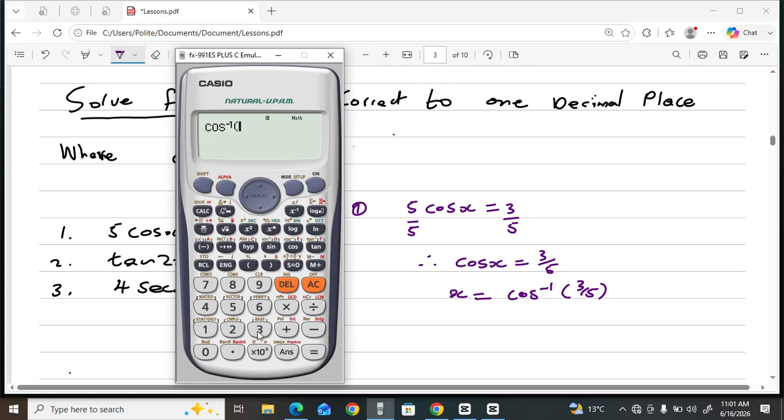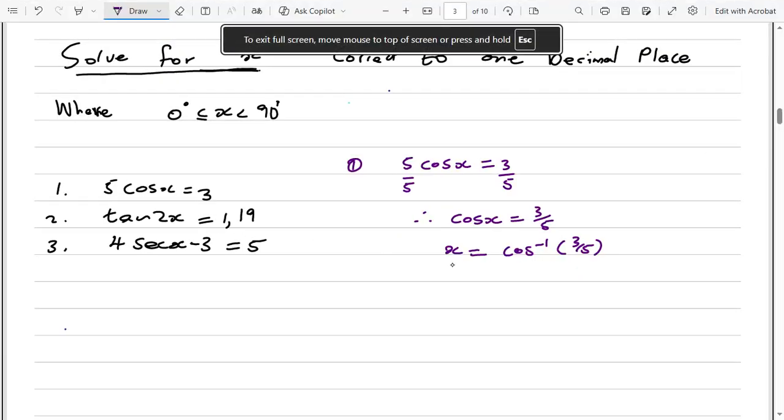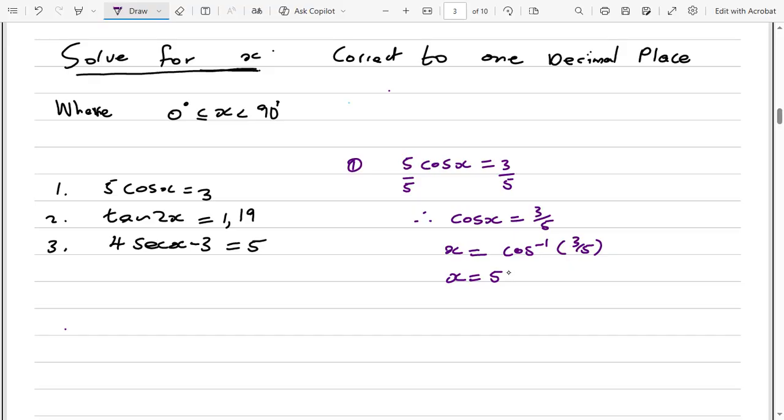And what do you get? 53.13. That's very good. So x is 53.13 degrees. That's the answer. You're done. You move to number 2.